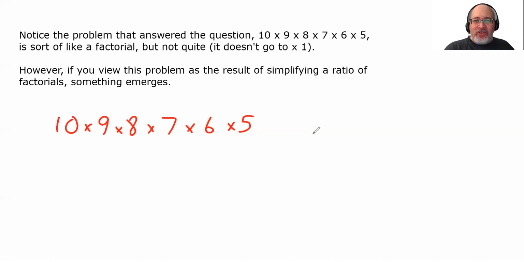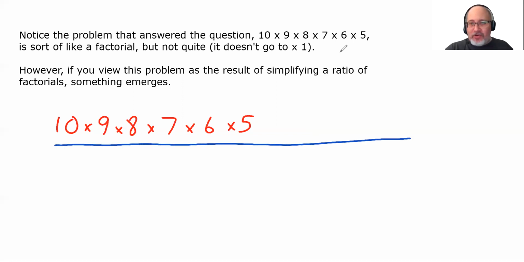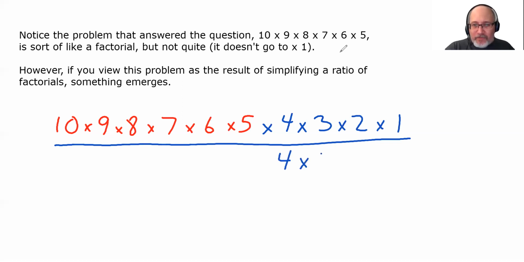Because right now the problem that answers this question is not a factorial. But what if it used to be a fraction that was a factorial on the top? So it would have to go all the way down to 1. But that got canceled with stuff on the bottom.